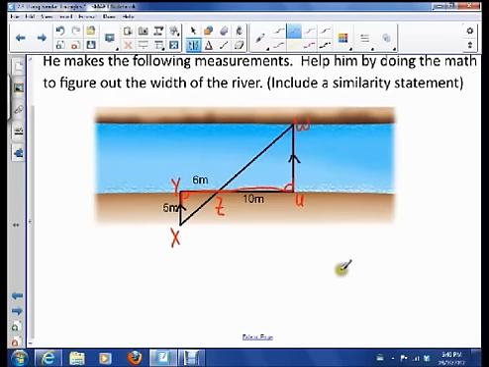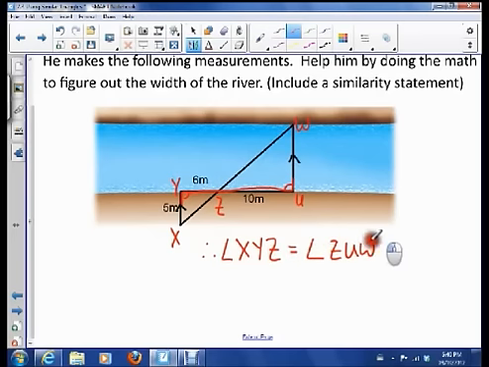Okay, so we can start writing. All right, so we can say that angle, so I'll call this angle XYZ is equal to angle ZUW. Okay, and I still need another angle. Well, the easiest one to see is that these two angles are opposite of each other, right? So there's an X pattern.